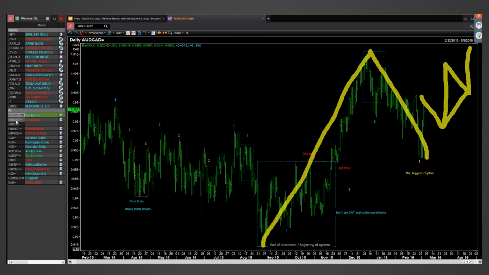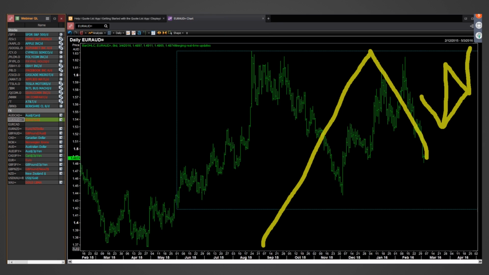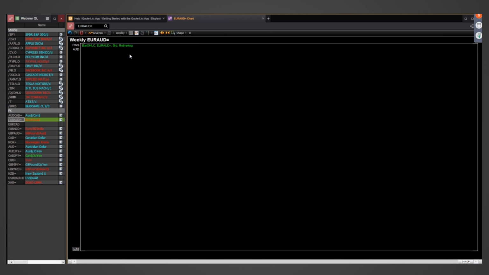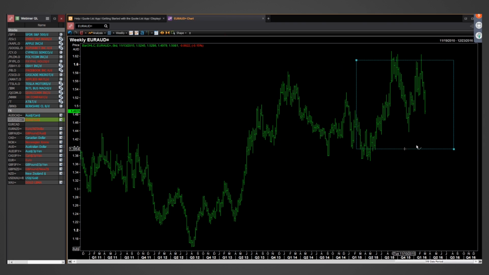Let's see what Euro Audi has to do. All right, so obviously this is referring to a weekly chart here. Sure enough, so what we got is we got this big correction here. This is the uptrend, and this weekly charts.